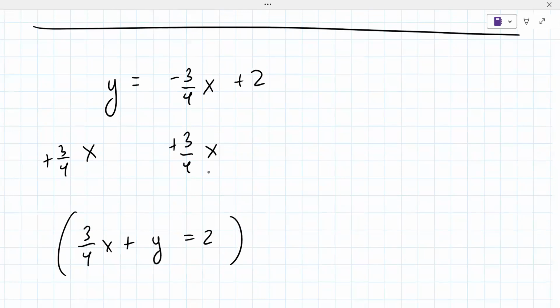And then you want to clear the fraction. So what do you multiply everything by here? What's the denominator? 4. By 4. Good. So that becomes 3x plus 4y equals 8.